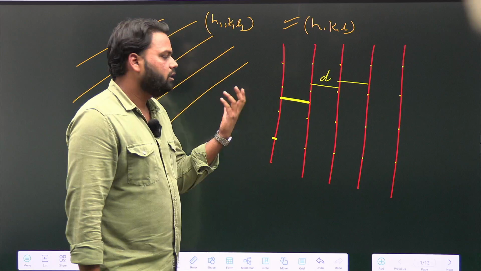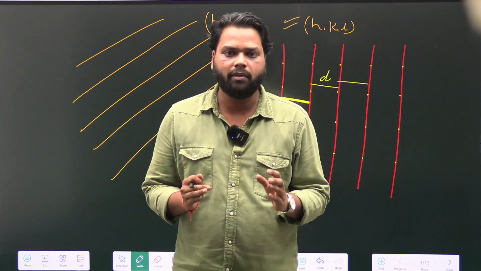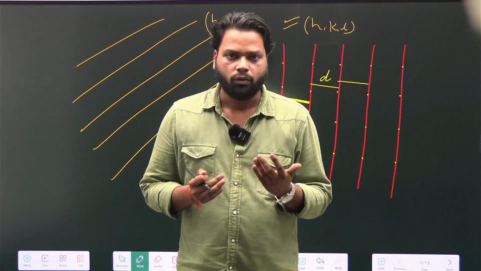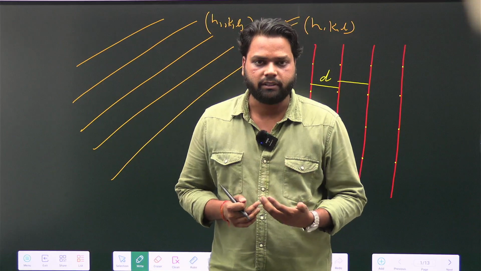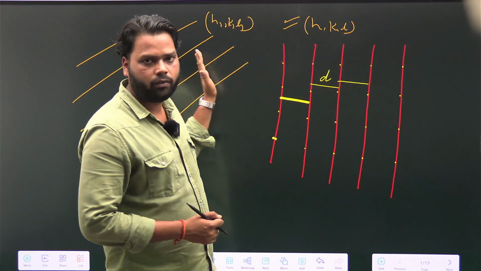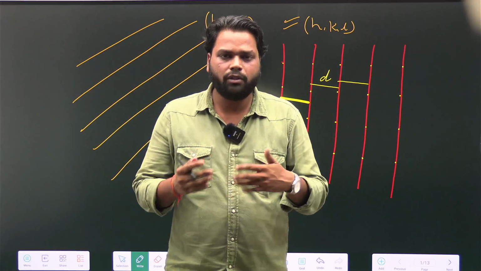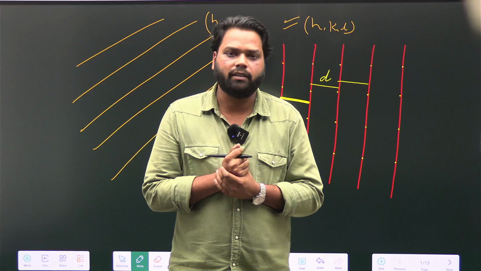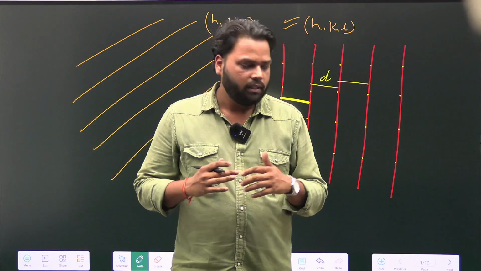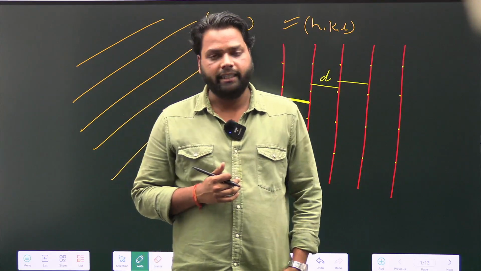Before going to the mathematical aspect, I want to tell you just one thing: Miller indices is nothing but the representation of the orientation of planes. It is easy, right? You could say this is set number 1, this is set number 2, but how will you define set number 1 and set number 2 in an infinite lattice? So for our ease, Miller gave us the concept of Miller indices.